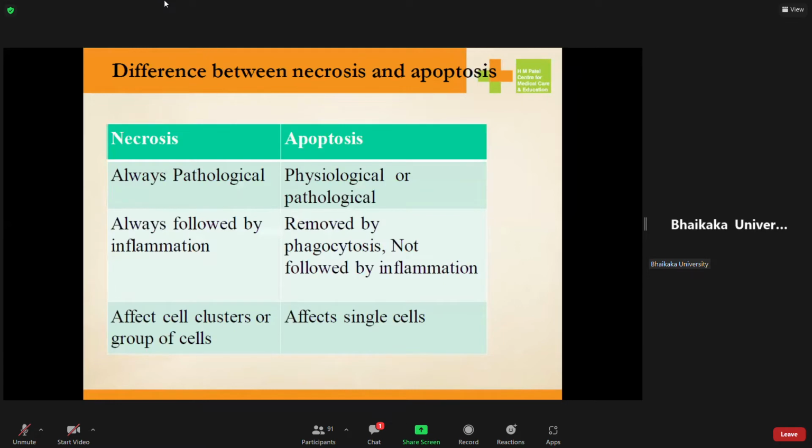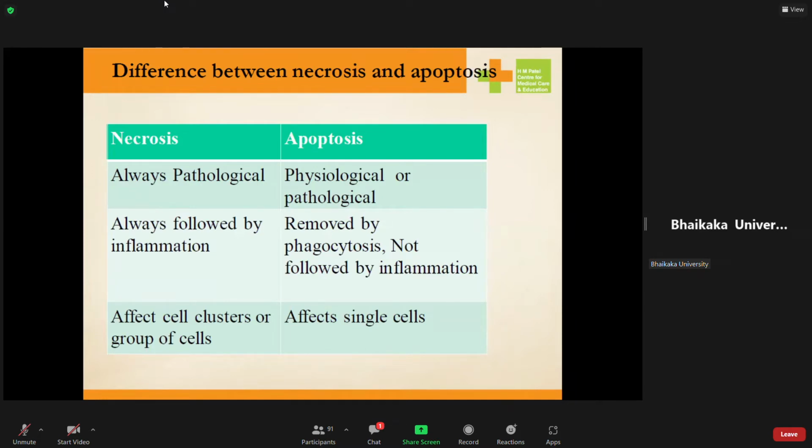First, we will see what is the difference between necrosis and apoptosis. Necrosis is always pathological, and so there is always an injurious stimulus in the development of necrosis, while apoptosis is physiological or pathological. Why are we calling it physiological? Because it may also lead to programmed cell death, so we also call it physiological.